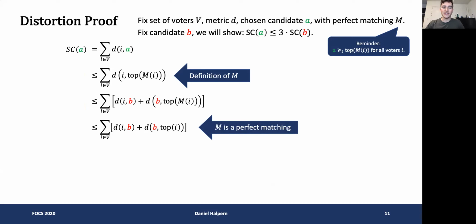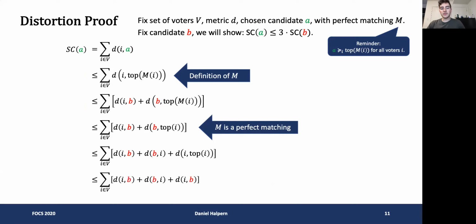Since M is a bijection. So we could have just replaced it with the distance from B to the top choice of each voter I. This will be adding up the same set of possible distances. We can then again expand this using the triangle inequality to replace the distance from B to the top choice of I with the distance of B to I plus the distance of I to the top choice.